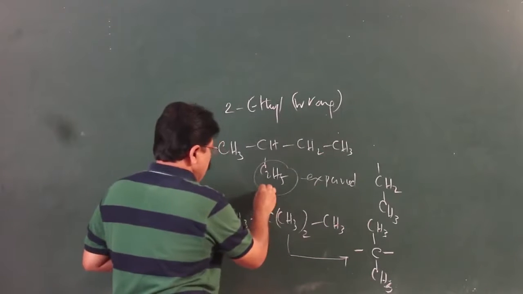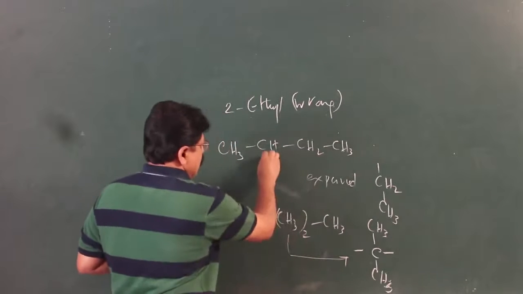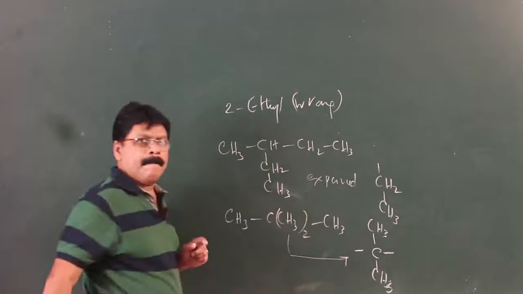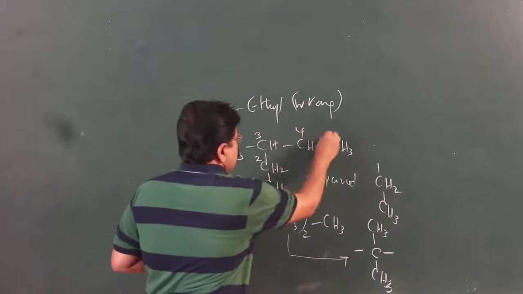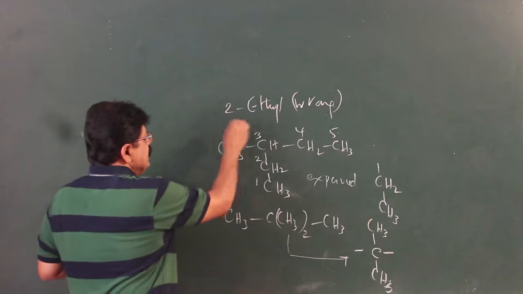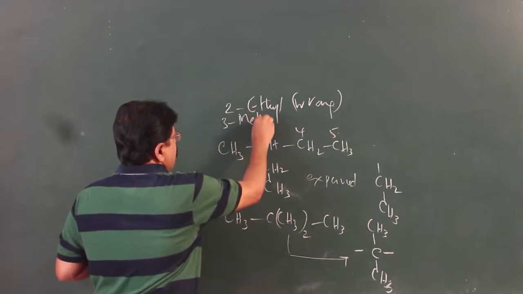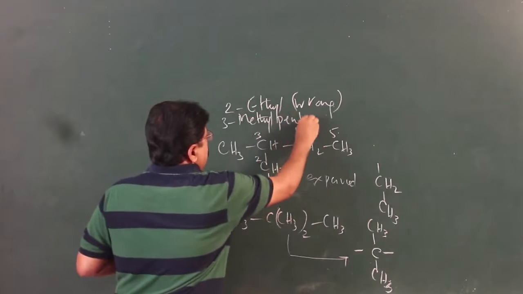You have to number it like that. So, it will be rewritten like this. 1, 2, 3, 4, 5. So, the correct name will be 3-methyl, 5 carbon, pentane.